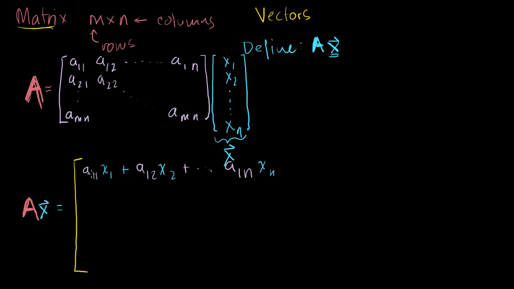So that's just the first. The product of this m by n matrix and this n component vector will be a new vector. The first entry of which is essentially each of these entries times the corresponding entry here, and you add them all up. And as you can see, that's already looking fairly similar to a dot product.